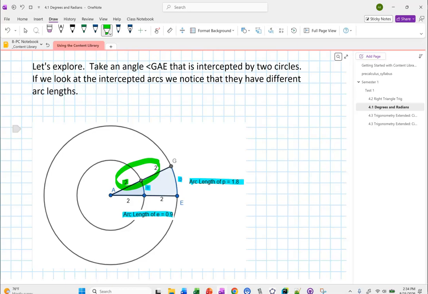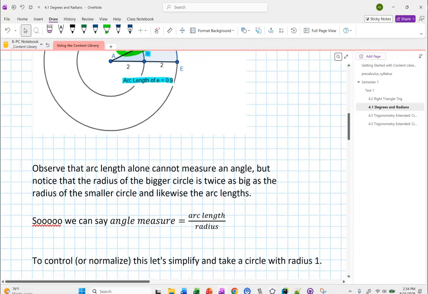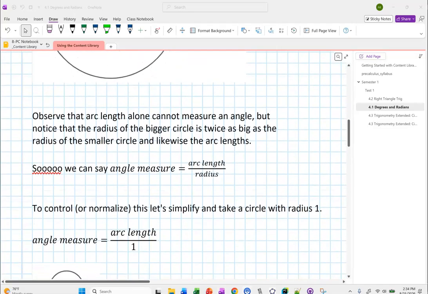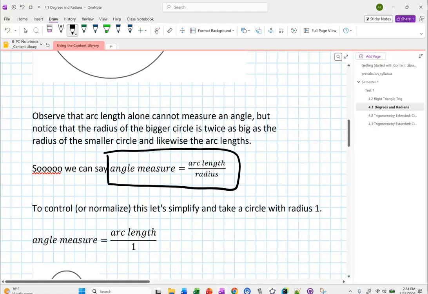Maybe that's what the measure of this angle is in radians. So this is our takeaway, that the angle measure in radians is arc length divided by radius. That's our takeaway.